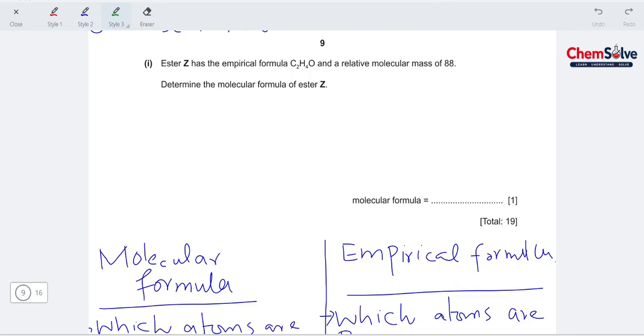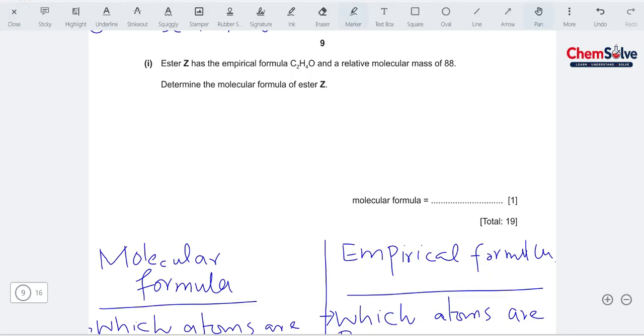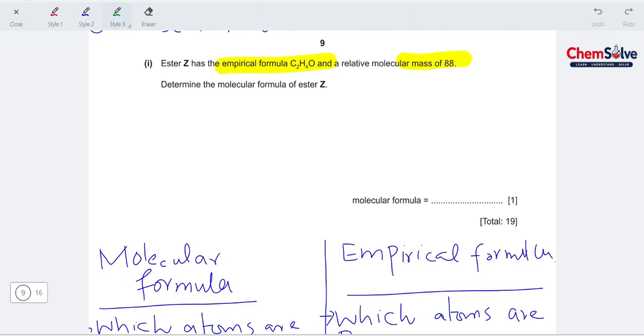The first thing that we need is the empirical formula. If we don't have the empirical formula, then we can't calculate the molecular formula. And the other thing is the molar mass of the compound. If we have both of these things, then we can calculate the molecular formula very easily.